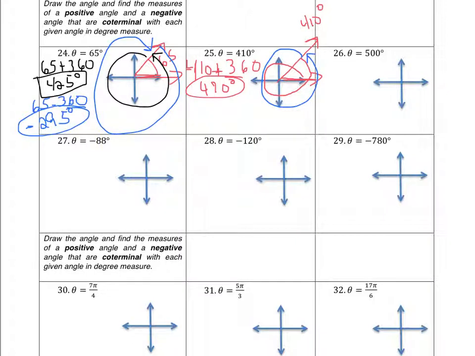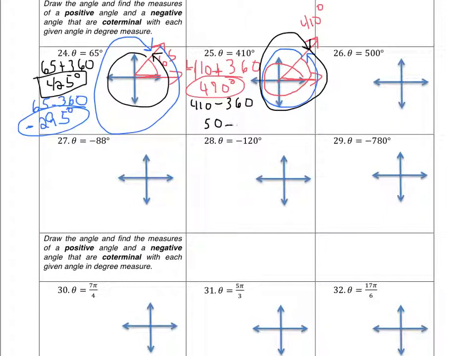So if I want to do a negative angle, and I'm going to go backwards, so I start at this angle, and I'm going to go backwards 360, 410 minus 360 is back at 50, but then I want a negative angle. 50 is positive. So if I had 410 minus 360, that would still be a 50-degree angle.